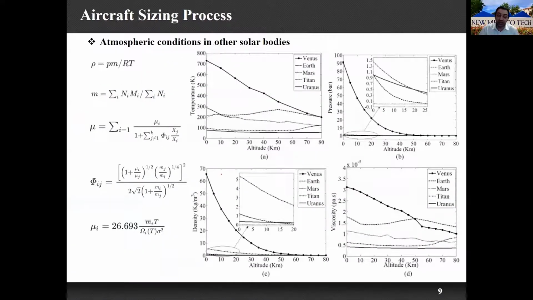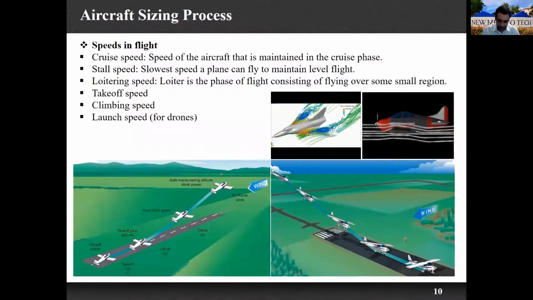If you remember, in the first lecture we talked about how Venus has a harsh condition, so these characteristics are different. So we need to have a good idea about these atmospheric characteristics if we want to design a drone which is supposed to fly there. These are some analyses that we have done here.